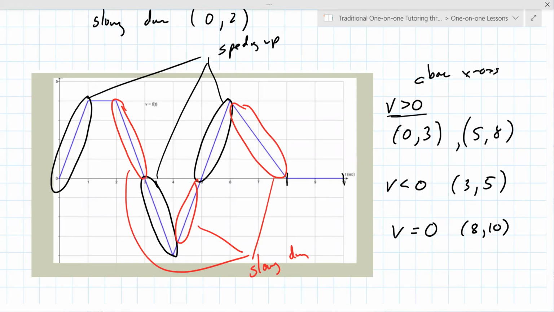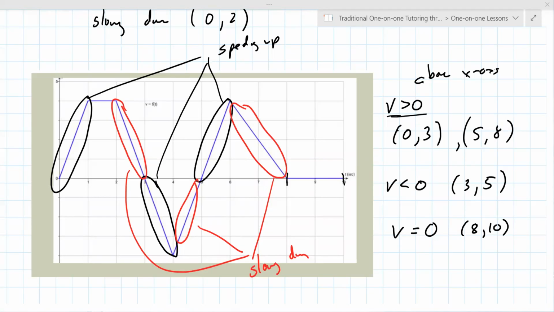Okay. So then greatest speed would be at 1 to 2, t equals 4, and t equals 6, right?